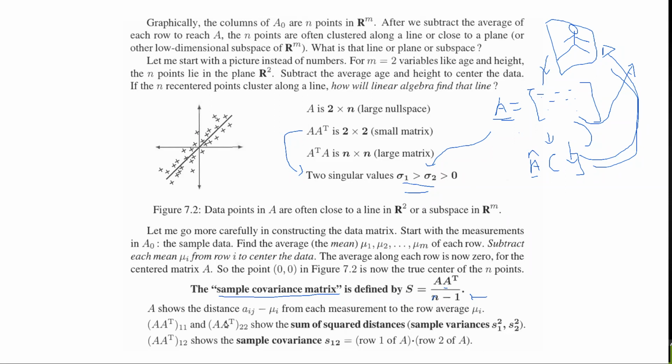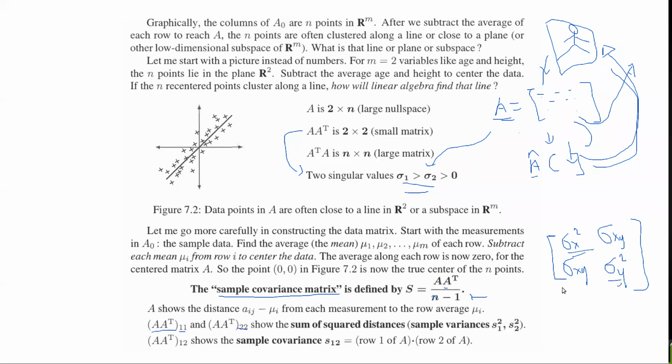So remember in the morning session we were talking about variance, covariance, correlated or uncorrelated, where we defined some metrics like this. It's the same thing, the same metrics you get in this case. So this is the sample covariance matrix. This is how it looks, where you can see the diagonal entries are just the sample variances.